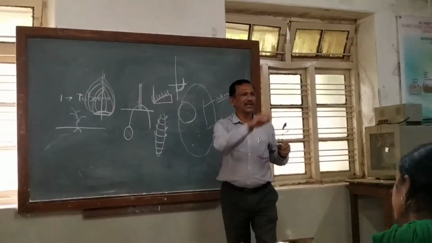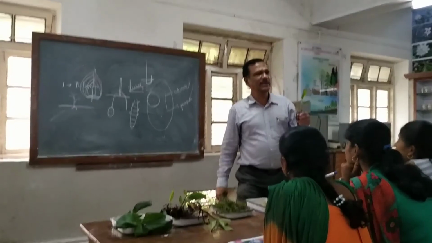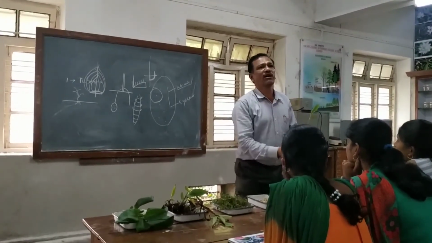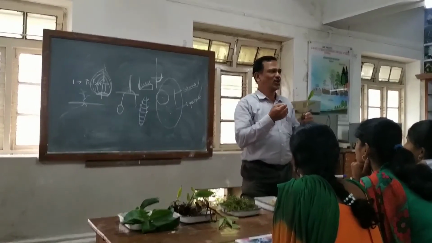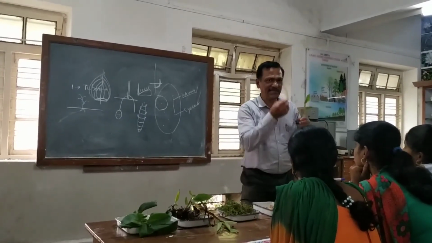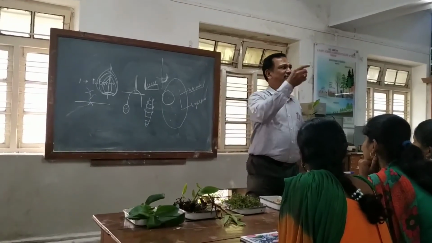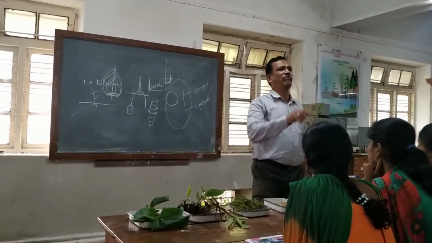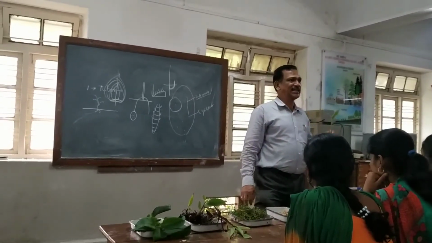You might have seen in banana fields, one plant at its base develops 4 or 5 small banana plantlets. And those small banana plantlets which develop at the base, they are called suckers. In case of Asteraceae family, there is one member that is called chrysanthemum. Sevanthi, chrysanthemum.